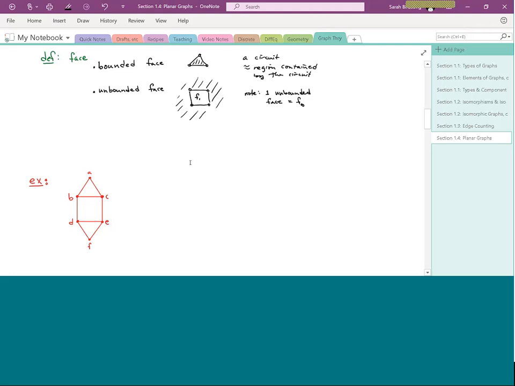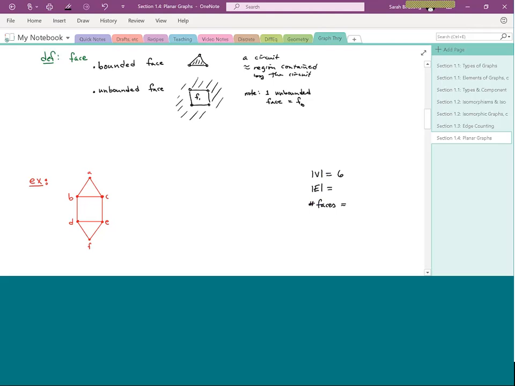Now just to make sure we're all comfortable with our faces, vertices, etc., if we look at this example right here, how many vertices and edges do you think are in that graph? Anybody get that count? Yep, it looks like 6 vertices. Anybody spot how many edges there are?